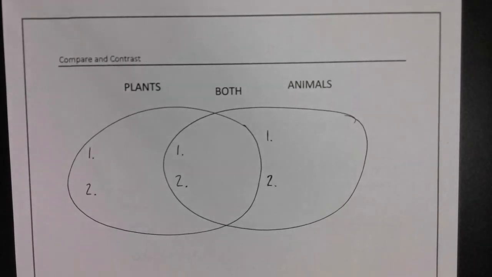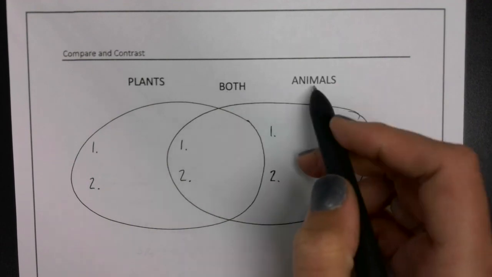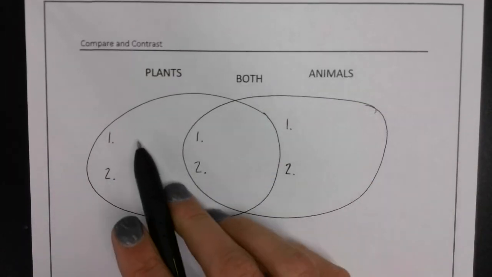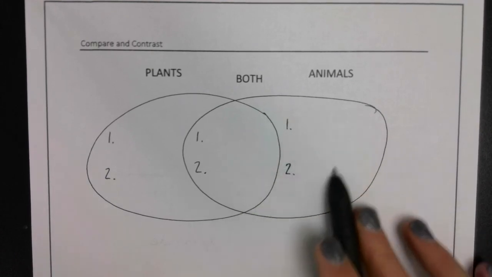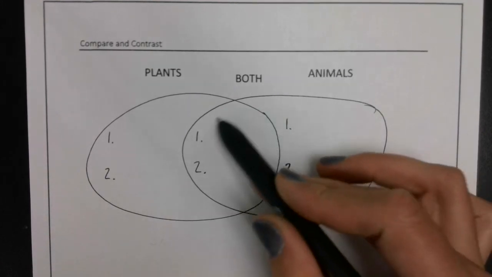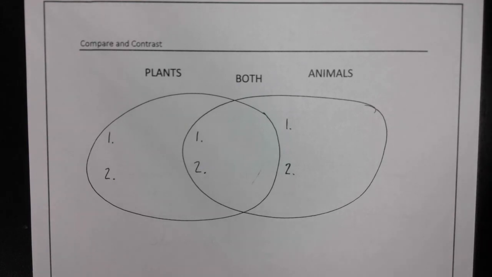At the top, we're going to compare and contrast plants and animals. So things that are specific to just plants would go on the outside. Things that are specific to just animals would go here. And then things that are the same would go in the middle.